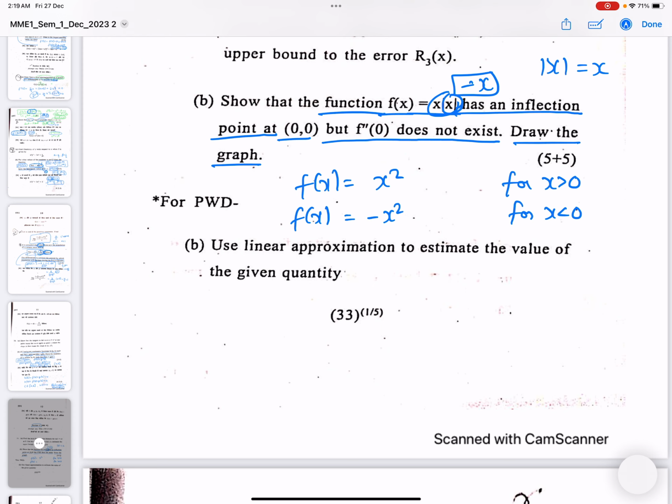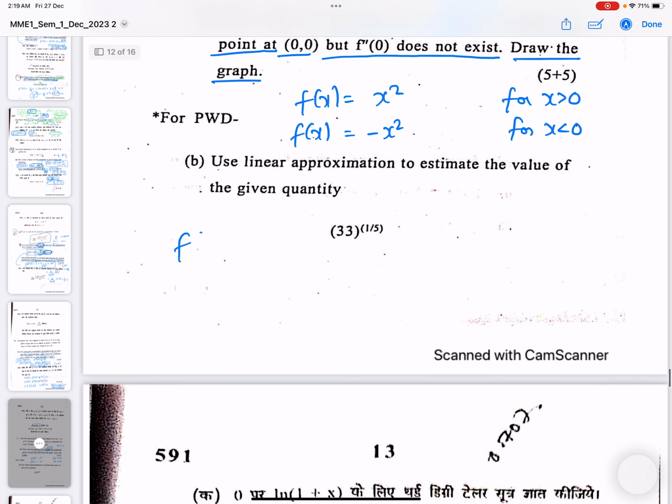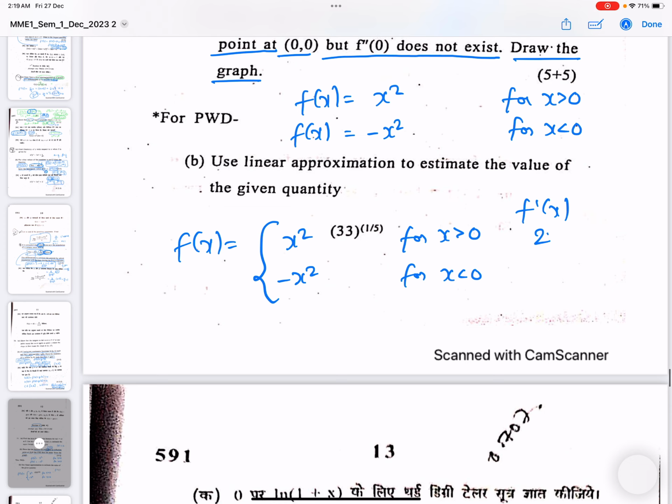So far we know the function f(x) is x square for x greater than 0 and minus x square for x less than 0. f dash x would be 2x here, and minus 2x there. f double dash x would be 2 here, and f double dash x in this case would be minus 2.